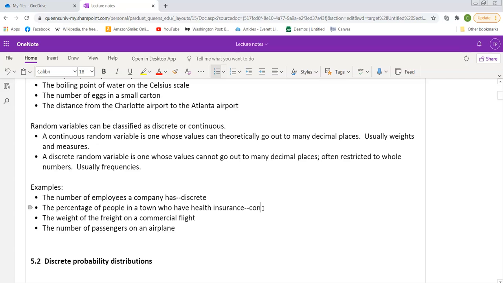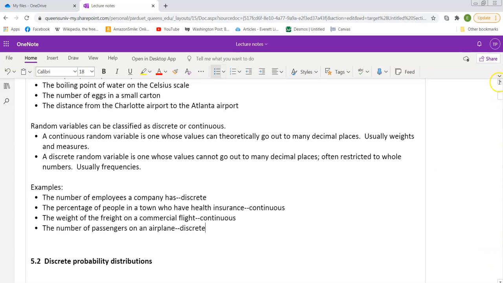So that's continuous. The weight of all of the freight on a commercial flight. That is a weight. We said weights and measures are continuous. And finally, the number of passengers on an airplane. That is the result of a counting process, and those are always discrete.